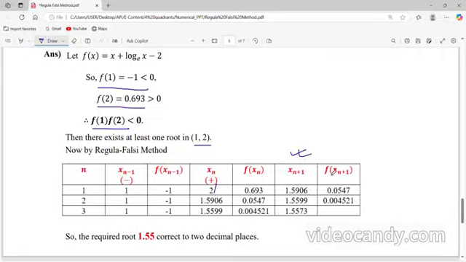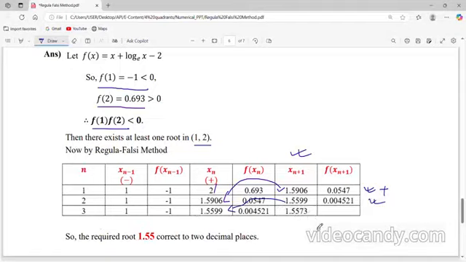And the verification column is positive, so the positive column will be changed and this one will be put here. There is no change since this is the positive one. In the same way it continues, 1.5599, again a positive value, so again this one will be changed. There is no change, so we will get 1.5773.